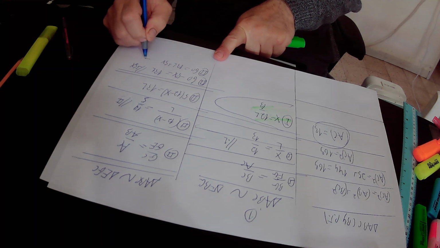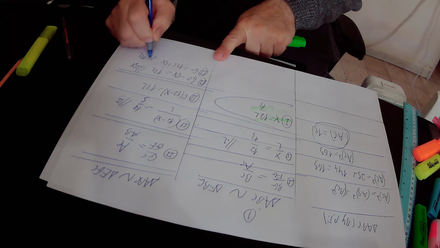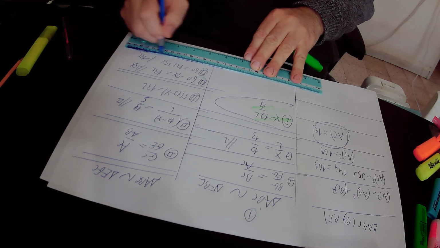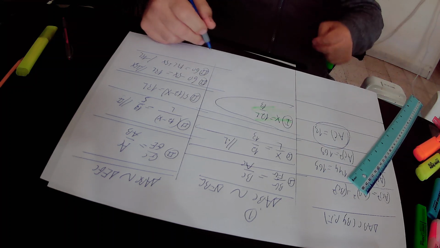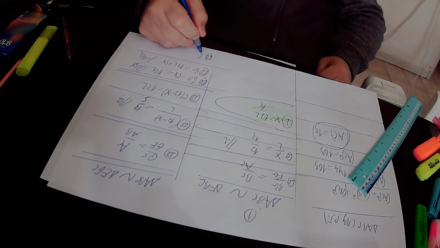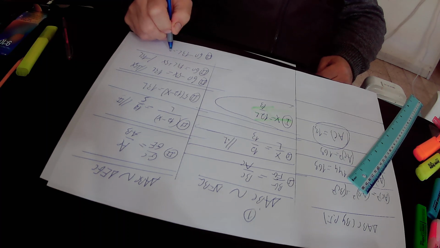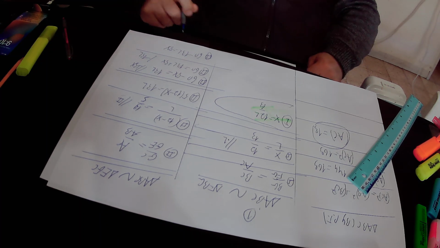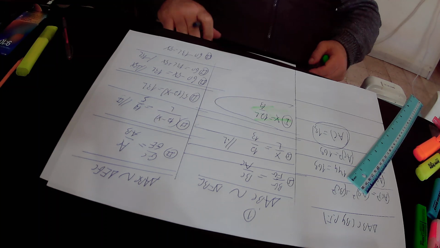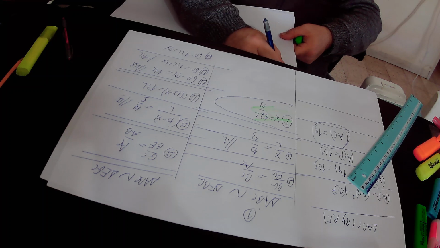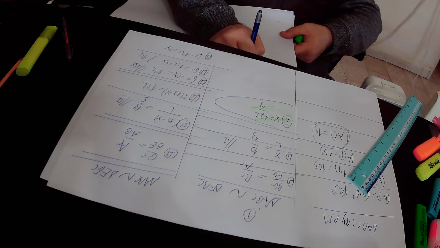Here we'll subtract 13L from this equation 2, and we get that according to equation 2, 60 minus 13L equals 5X.